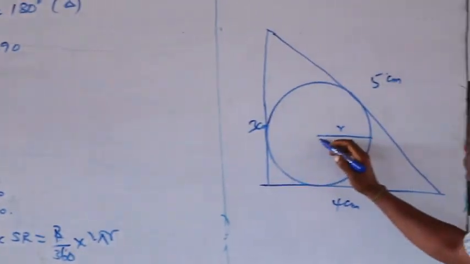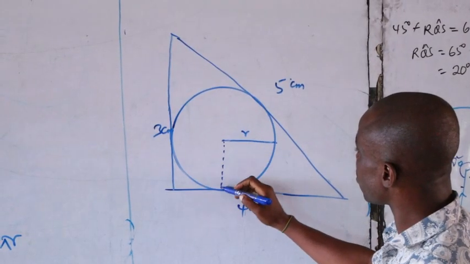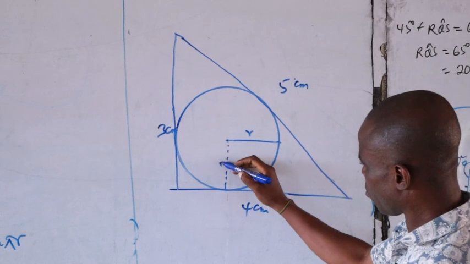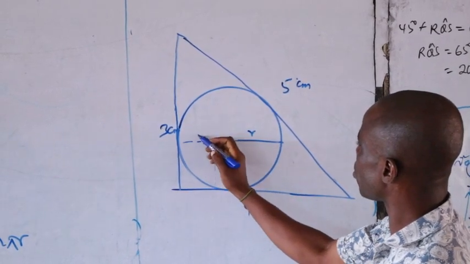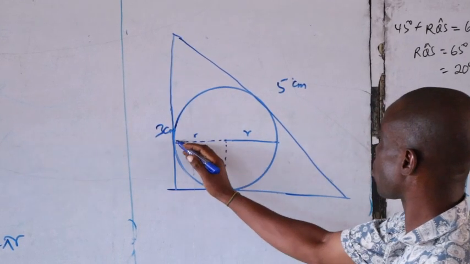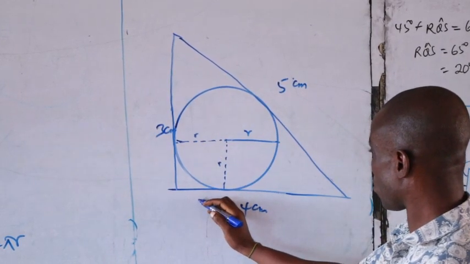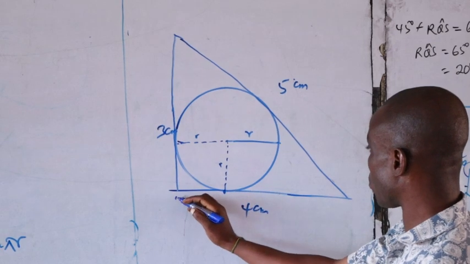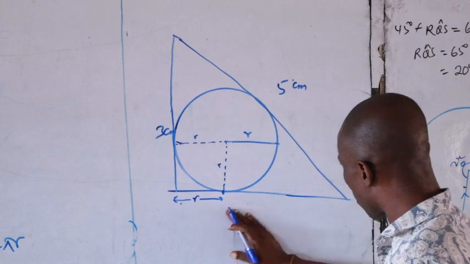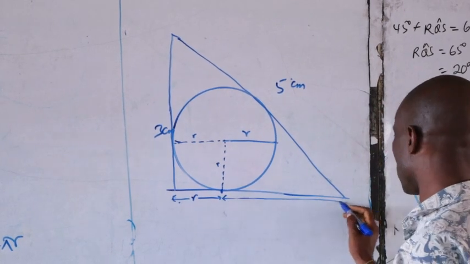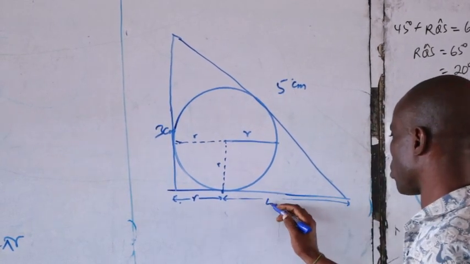Let me come here and write. This is also R. From here to here is R. So from here to here is 4 minus R.